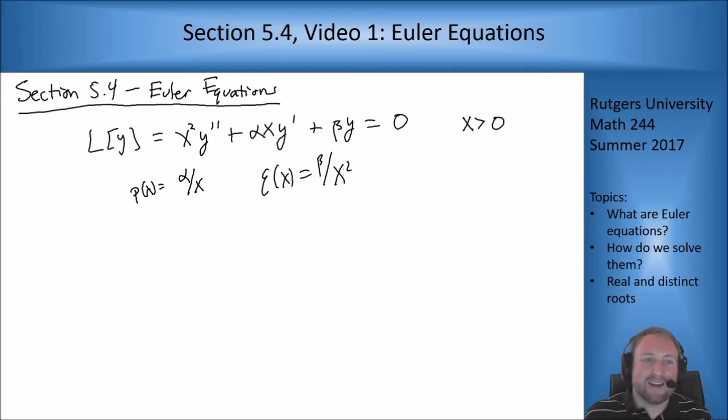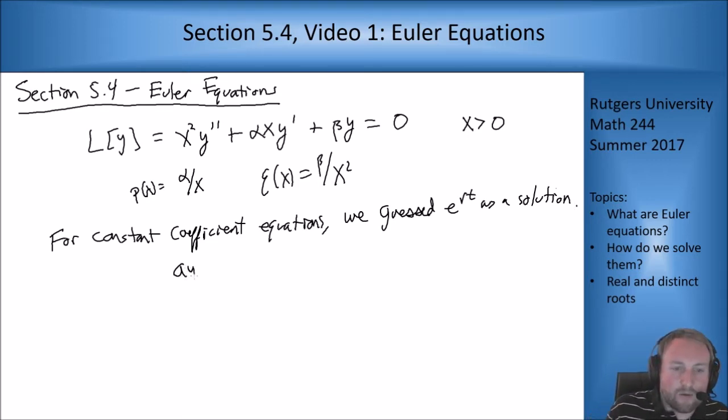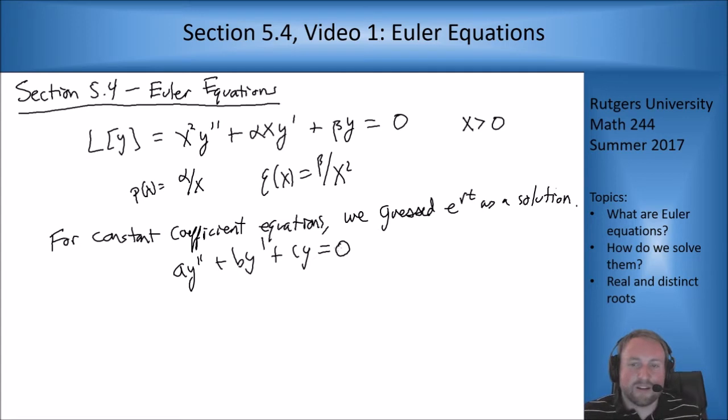Now, when we had constant coefficient equations, we guessed e to the rt as our solution. And why did this work out so well for us? Well, this worked out really well because our equation was a y double prime plus b y prime plus c y equals 0. And if you plug in e to the rt, taking derivatives of that just brings down constants and leaves it as e to the rt.